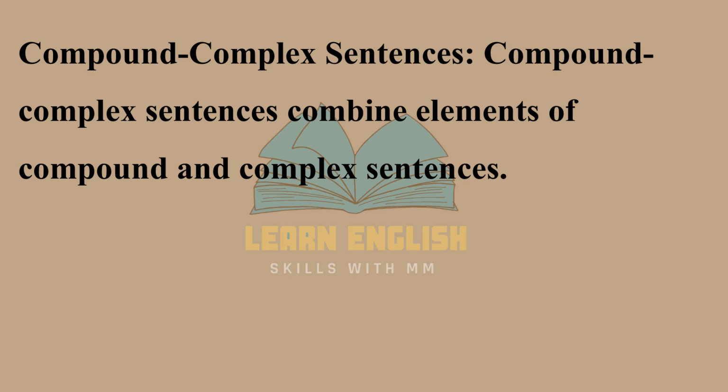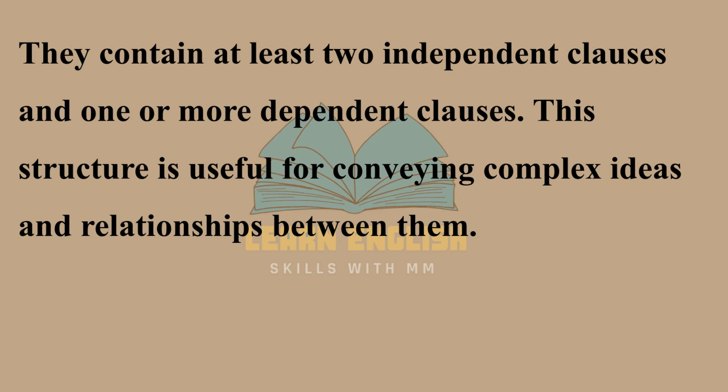Compound complex sentences. Compound complex sentences combine elements of compound and complex sentences. They contain at least two independent clauses and one or more dependent clauses. This structure is useful for conveying complex ideas and relationships between them.